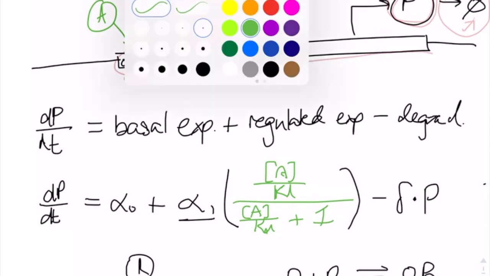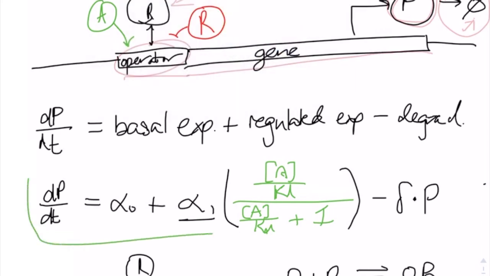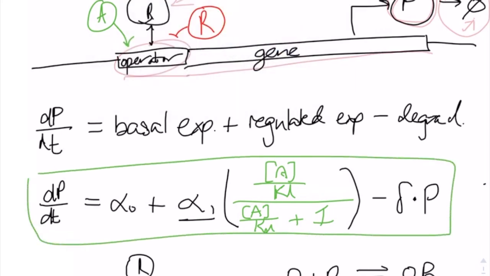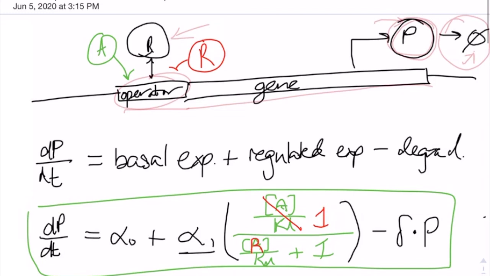So this would be our ultimate equation for an activator. If you had a repressor instead, then you would replace this with a 1 and call that the repressor concentration instead. So that shows us how we can derive basic gene expression differential equations.